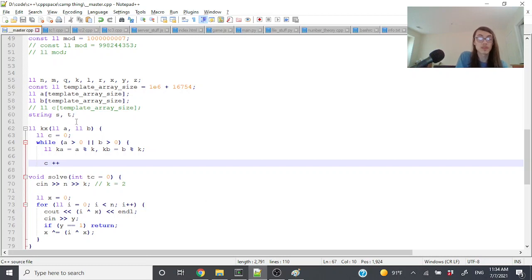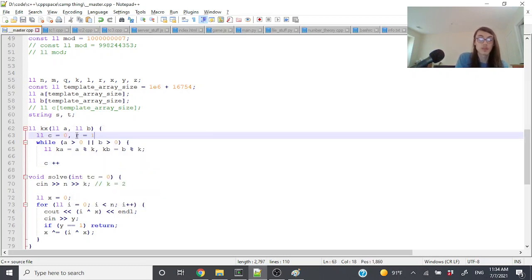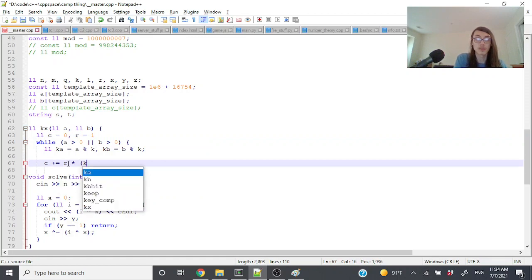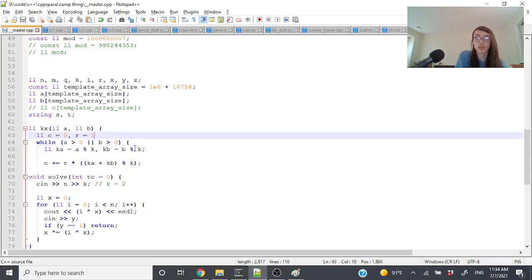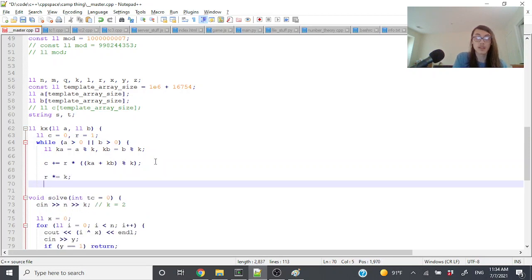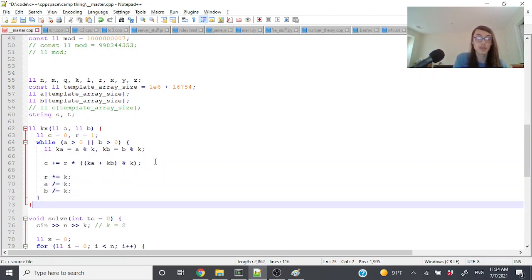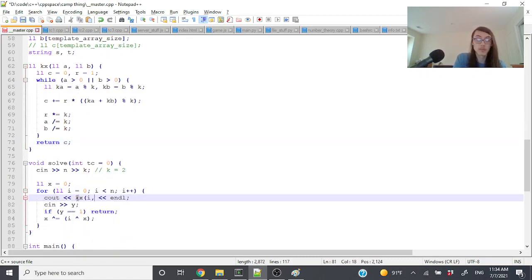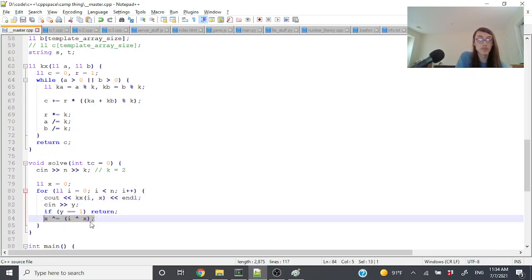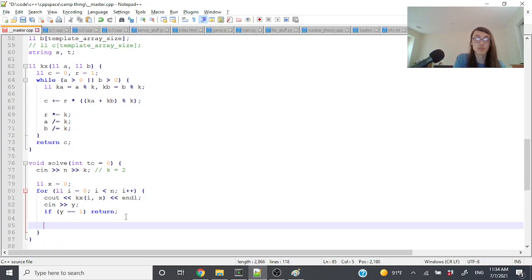C plus equals R times K, KA plus KB mod K. So R times equals K, A divided by K, B divided by K. So A is equal to I, B is equal to KX, IX.